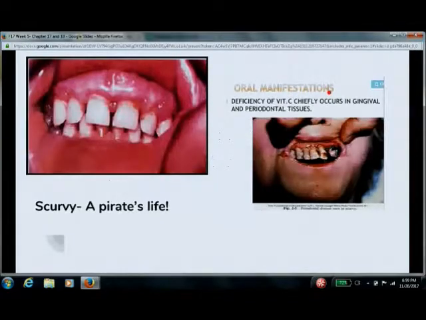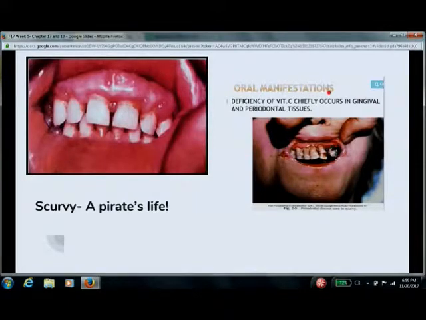So vitamin C is a vitamin that will cause, if you don't get enough vitamin C, your gingival tissues, your periodontal tissues, to not heal well. And so pirates used to get scurvy because they would be sailing for a long time without fresh fruit, and so they had no source of vitamin C in their diet.